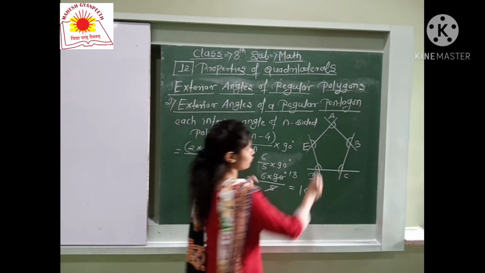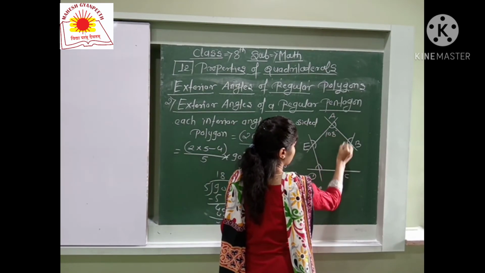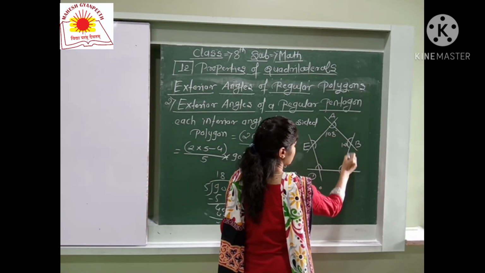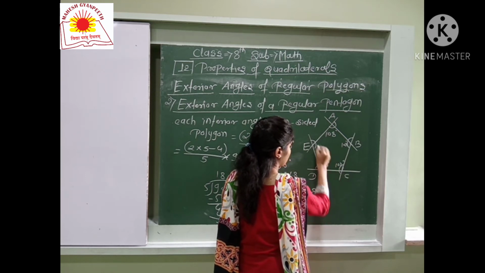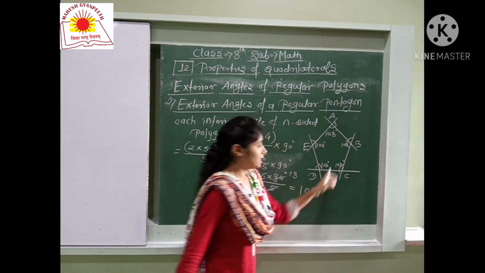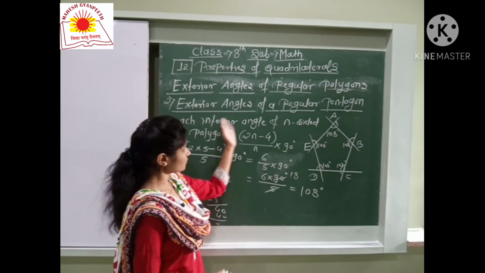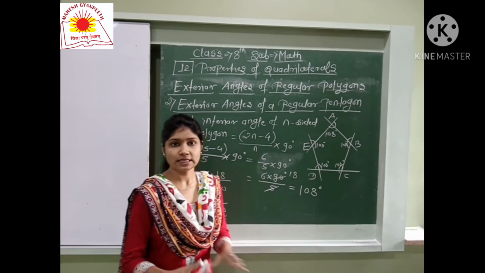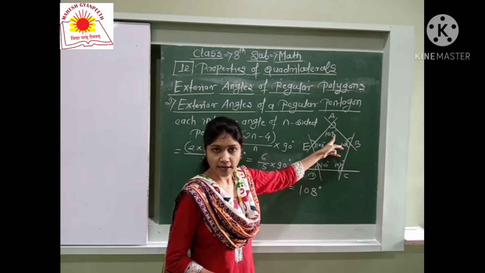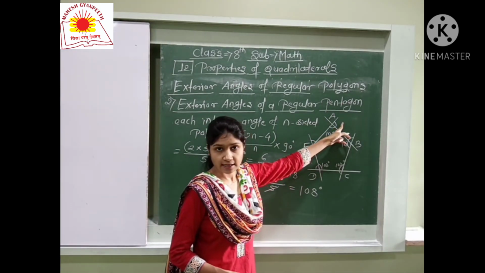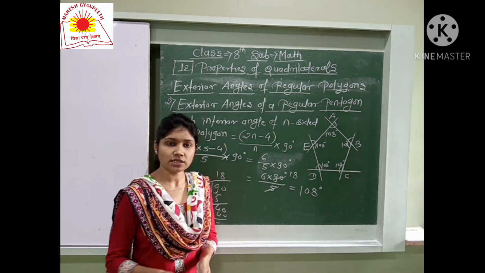It is 108 degree, which is what? Each interior angle. Each angle of a regular pentagon is 108. Now, according to that, we have to find the exterior angle. How to find it? 180 minus 108.